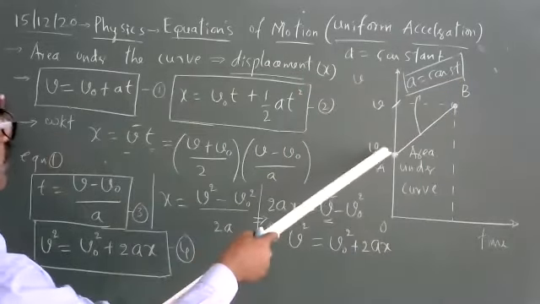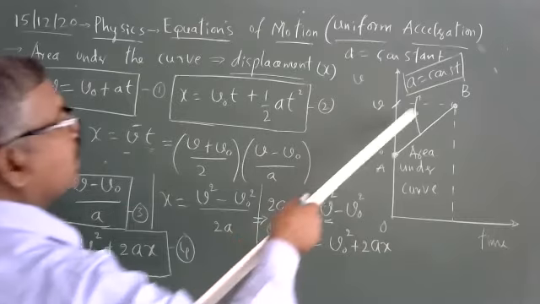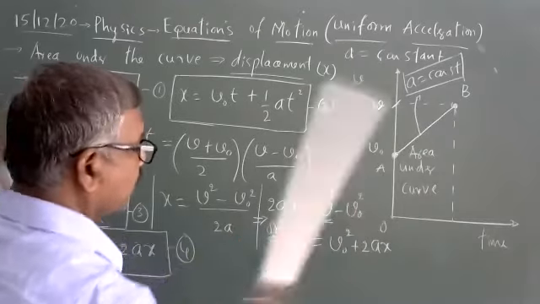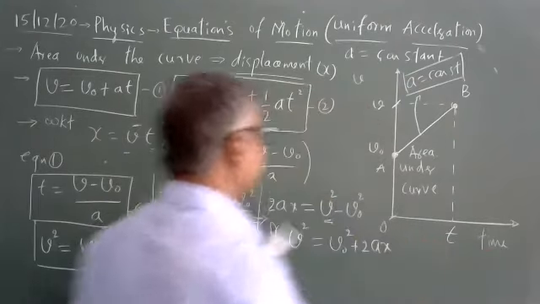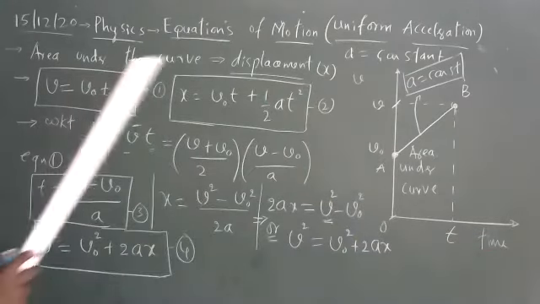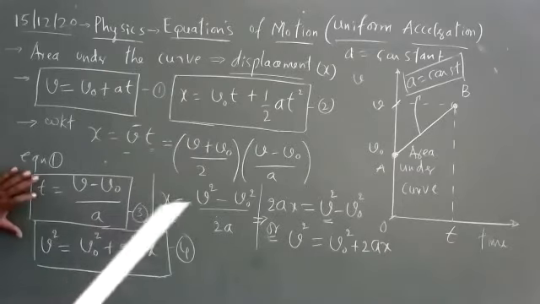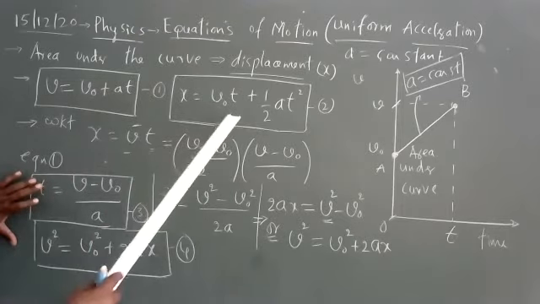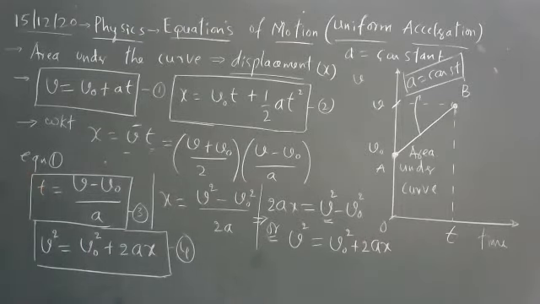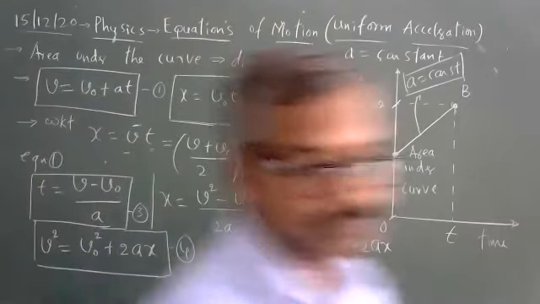The object has initial velocity v naught and attains final velocity in the time interval 0 to t, initial time 0, final time t. So the three equations have been obtained. Equation 1, equation 2, equation 4 are called equations of motion.